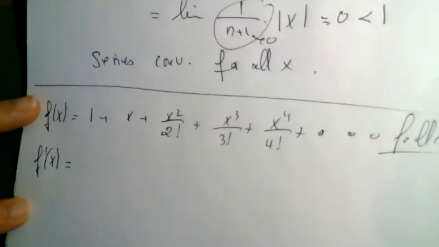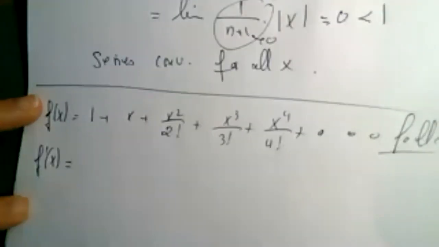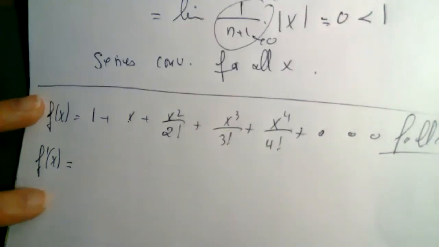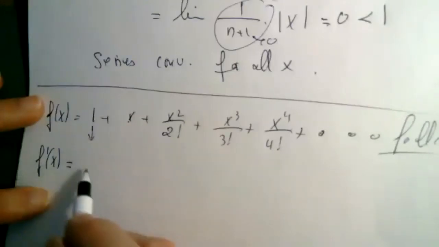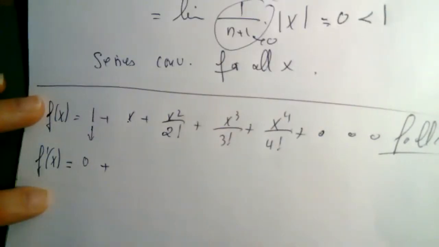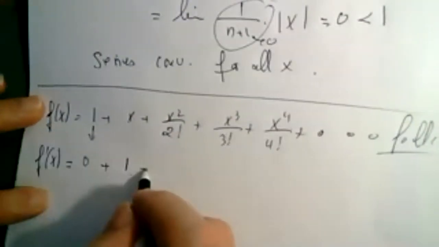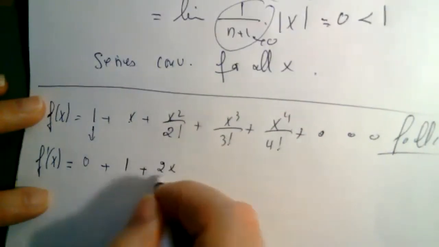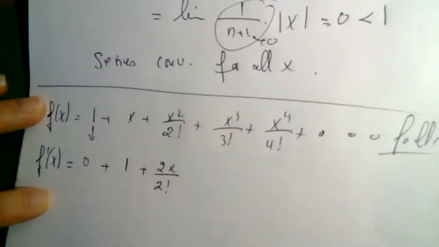Okay. What does the theorem tell me? If f of x equals that, its derivative is the term by term derivative. Derivative of 1 is 0. Derivative of x is 1. Derivative of that is 2x over 2 factorial.